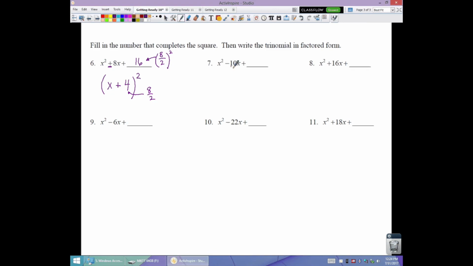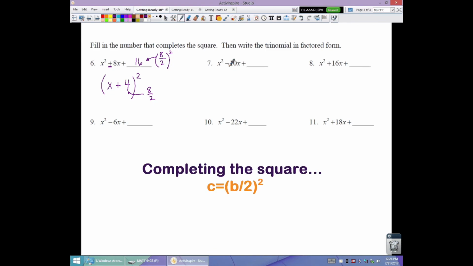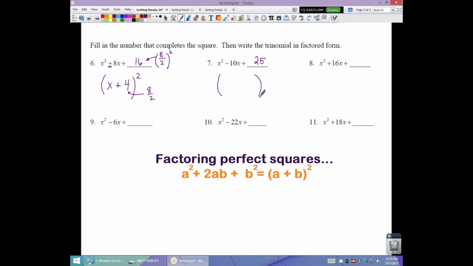All right, so here, when we take negative 10, the middle term, divide it by 2, that's negative 5, and square it, we have 25. In factored form, that would be x minus the middle term divided by 2 was 5, squared. It's minus because that's minus.